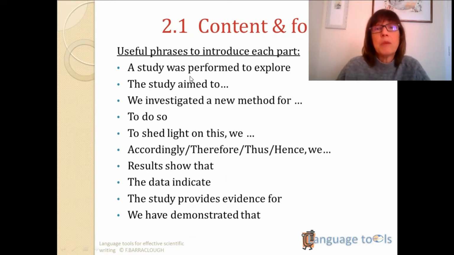So the study was performed to explore, or aimed to. We investigated a new method for. Then how did you do this, to do so, or to shed light on this, okay?